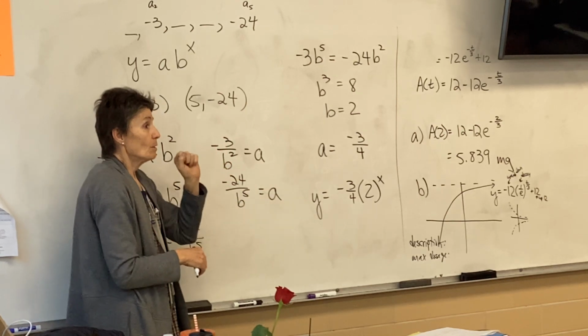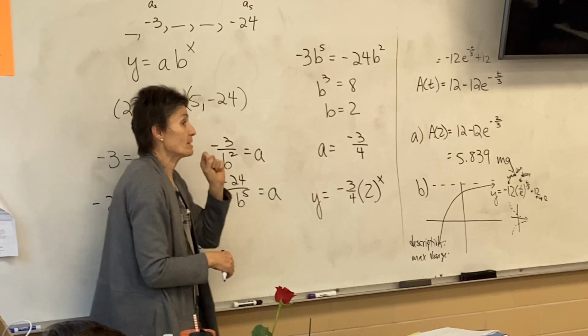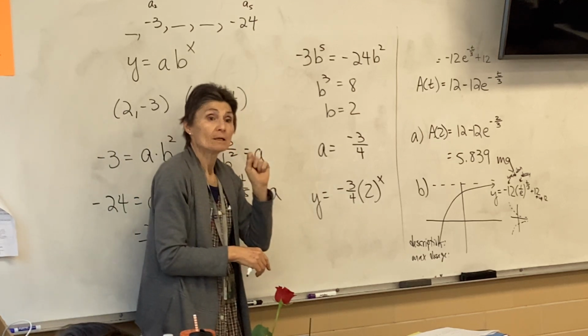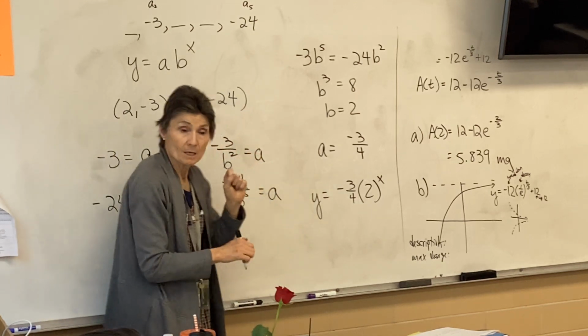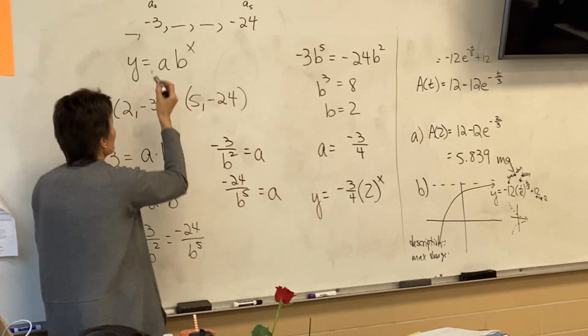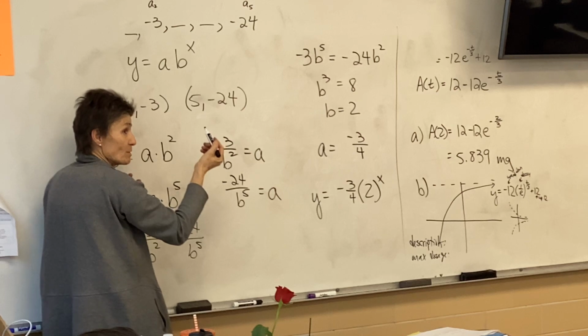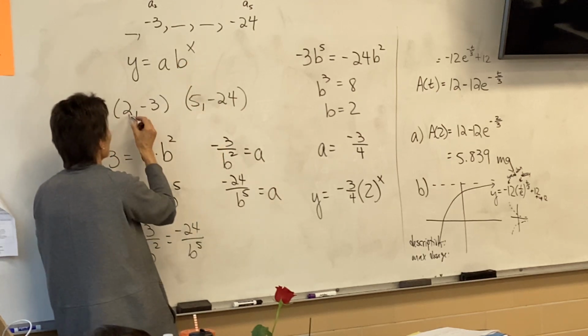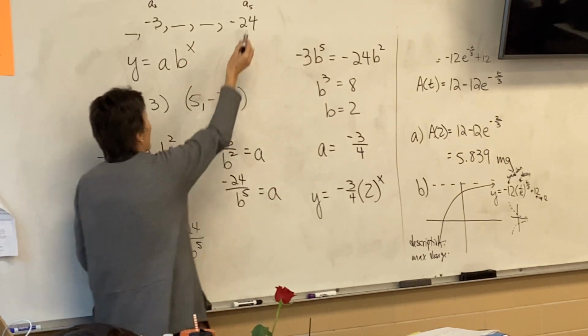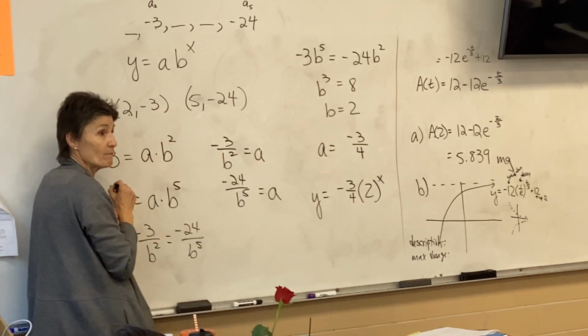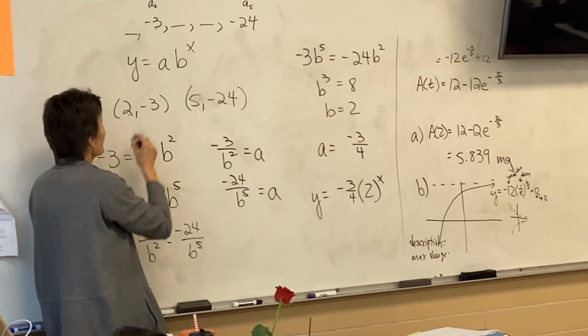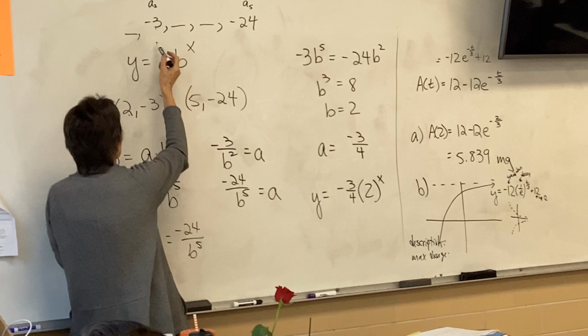Now, we know that geometric sequences are exponential. So another way I can do the problem is to think of these as a geometric sequence, where the second term is -3 and the fifth term is -24. Then I can say to myself, okay, what does it take?